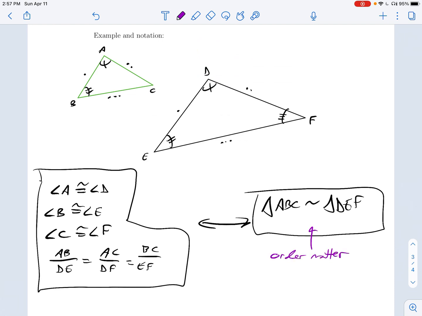The order in which I write the vertices of those triangles has to match up in the way that makes sense of the similarity. So half of this is very similar to what we did with congruent triangles. The other part, we have this proportionality. And remember, proportionality maybe can be expressed in different ways, but this is one way of expressing it.